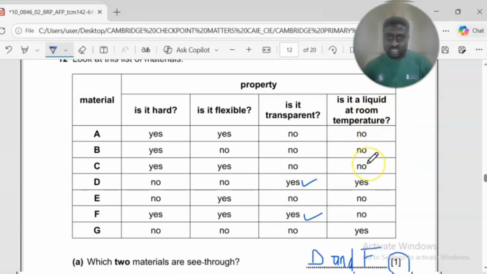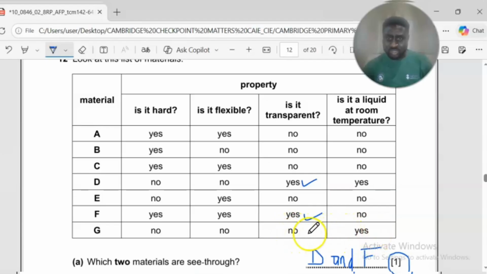Now let's look at it. We have material A no, material B no, material C no, material D yes. But is it transparent? Yes. Then let's look at this other material that is a liquid at room temperature. G is a liquid, but it is not transparent.